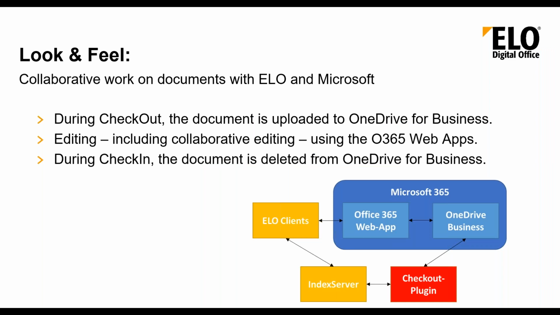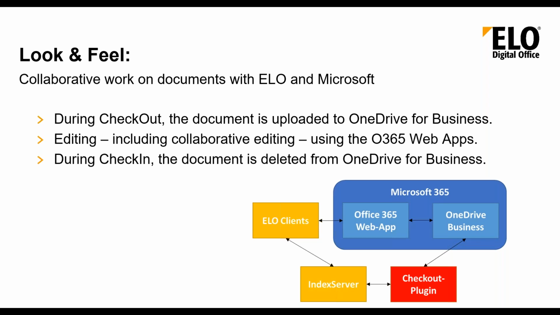Checkout to OneDrive Business is a no-brainer to set up. If you've set up the authentication with the ELO Auth plugin, you just have to add another plugin to the index server and set 2 or 3 API permissions on the app registration. Then you have the following.